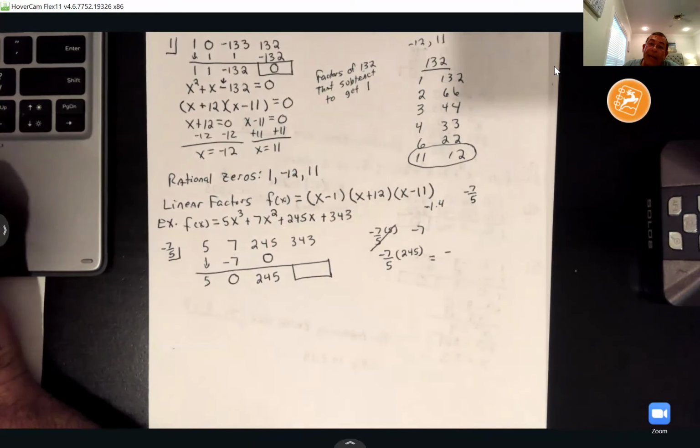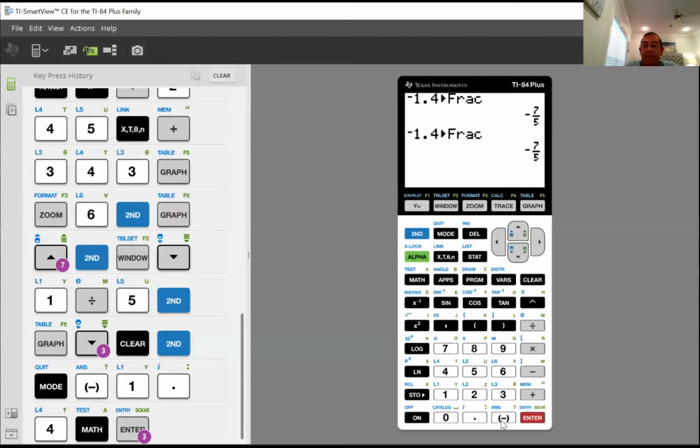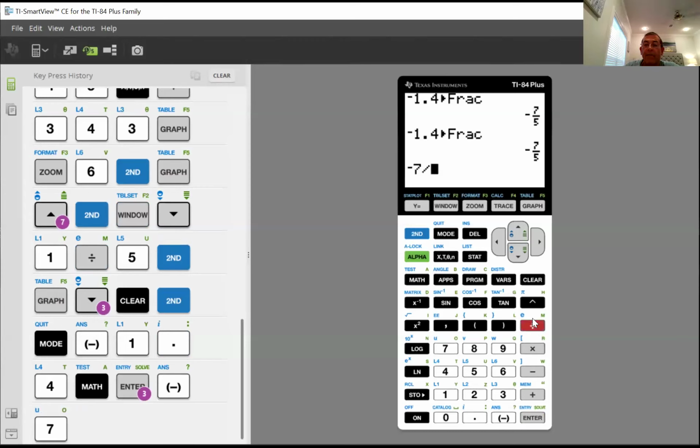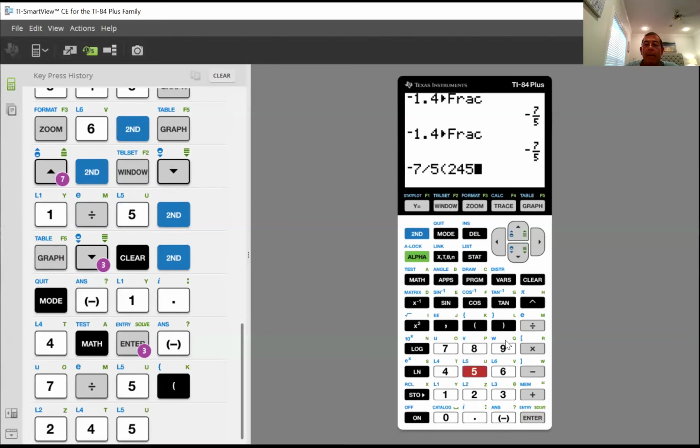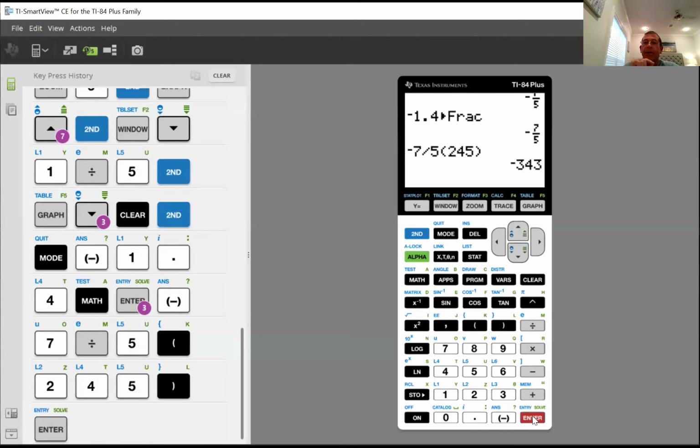So it'll give me a negative something. So guess what? We got a calculator. So y'all, we had -7/5, so -7 divided by 5. And we're going to multiply that by 245. So let's hit enter. We get a -343. Well, y'all, guess what?